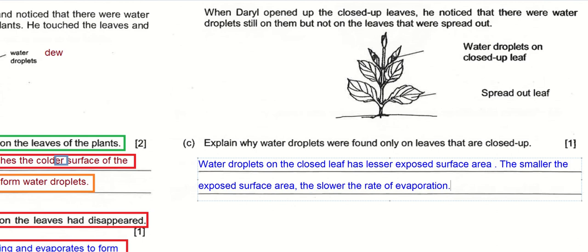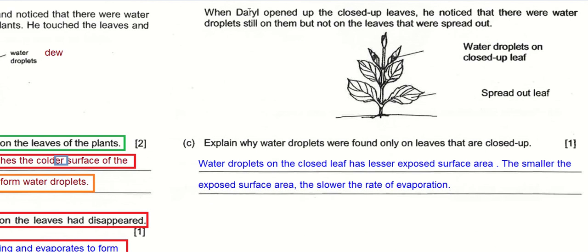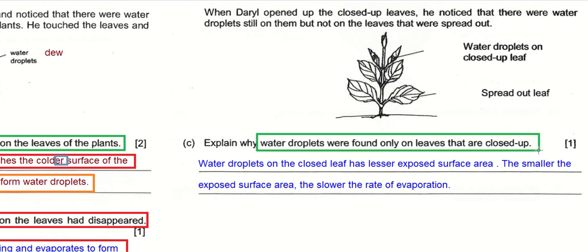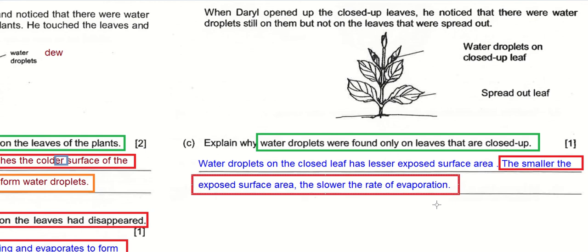So what is the claim? The claim is this one: water droplets were found only on the leaves that are closed up. That's the claim, so you don't have to write the claim again. And then what's the evidence? This is the evidence actually: the smaller the exposed surface area, the slower the rate of evaporation.